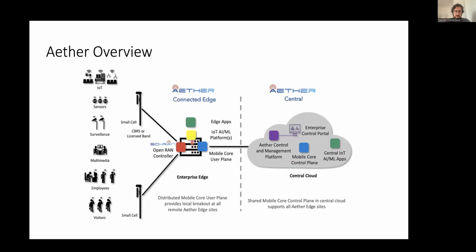And important here is that the Aether platform allows, for instance, a breakout at the remote Aether edge sites, where you can have edge applications running and consuming traffic locally, for instance because of low latency requirements for a specific application.